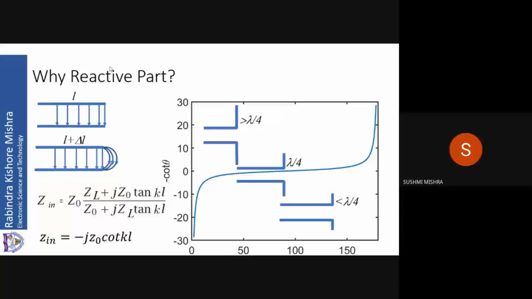You see on the left hand side, on the top, I have shown a section of a transmission line, right? What we are doing to get the dipole is, we are holding that transmission line at a distance of lambda by 4 from its open end. The transmission line is open-ended.